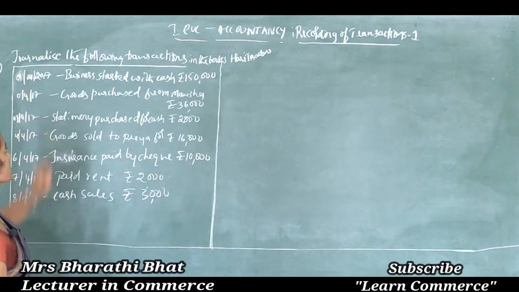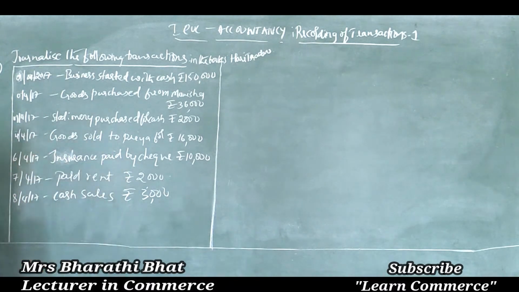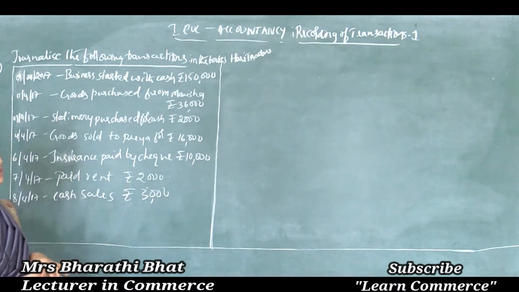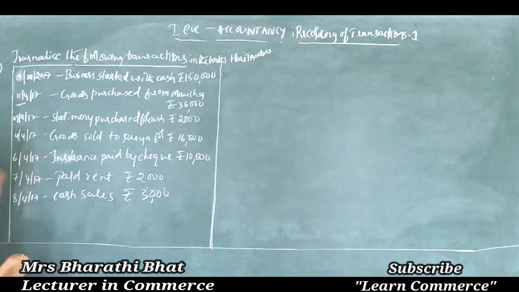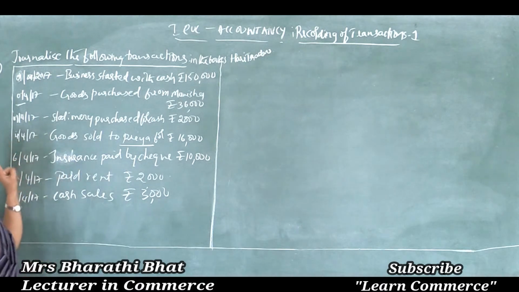First, 1/4/2017, business started with cash. 1/4/2017, goods purchased from Manisha, same date, you can observe same date. And 1/4/2017, stationery purchased for cash rupees 2000. 4/4/17, goods sold to Priya for cash rupees 16,000. 6/4/17, insurance paid by cheque rupees 10,000.